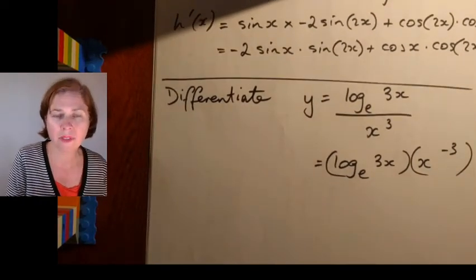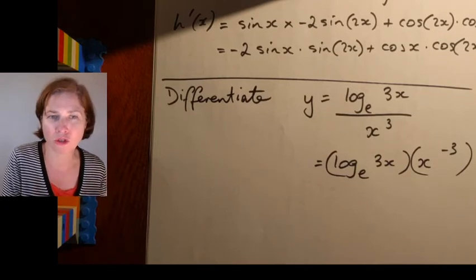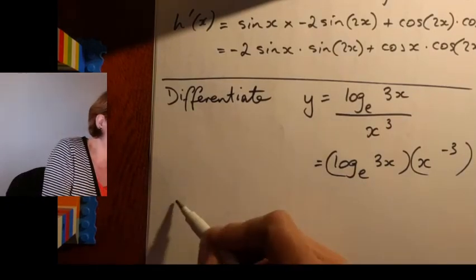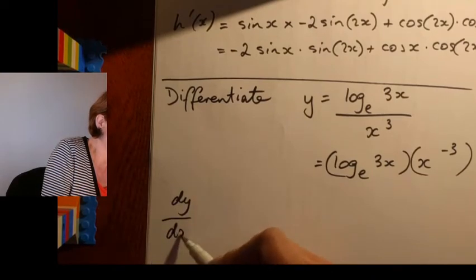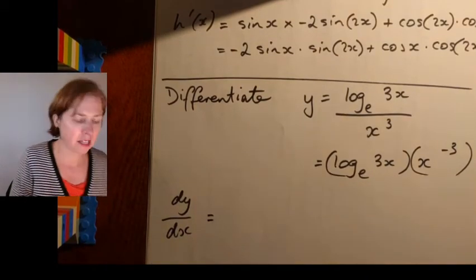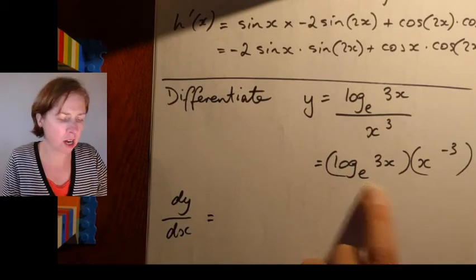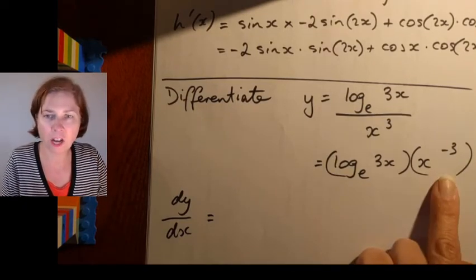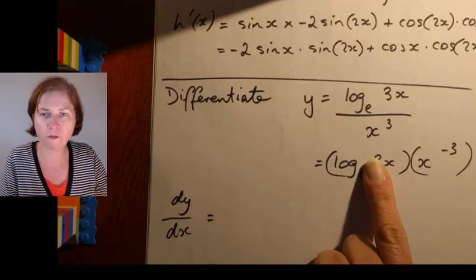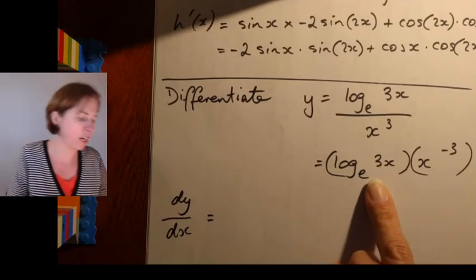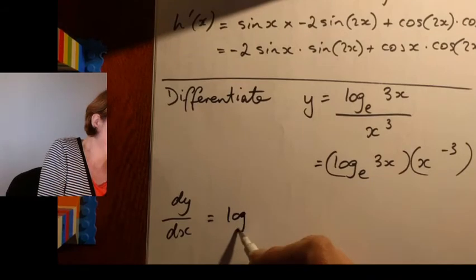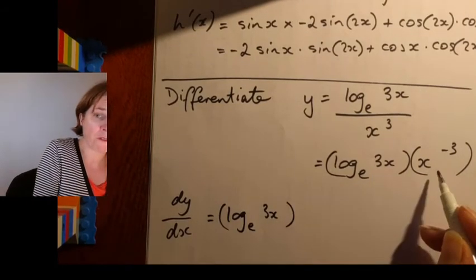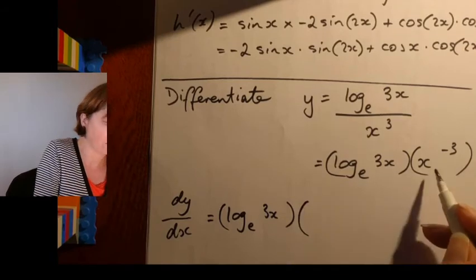Now this time I'm going to do it the shortcut way. I'm not going to write out all my working. dy dx is going to be the first function times the derivative of the second plus the second function times the derivative of the first. So the first function, log base e of 3x, times the derivative of the second function. So let's take the derivative of this.